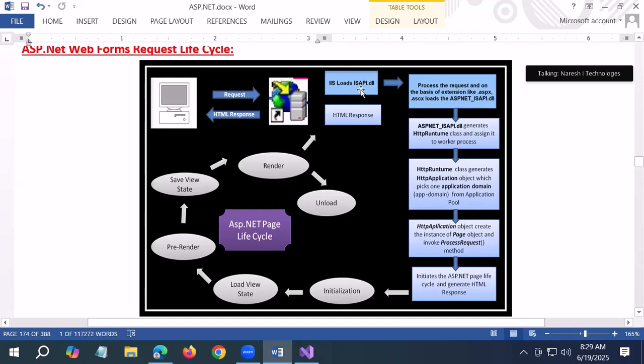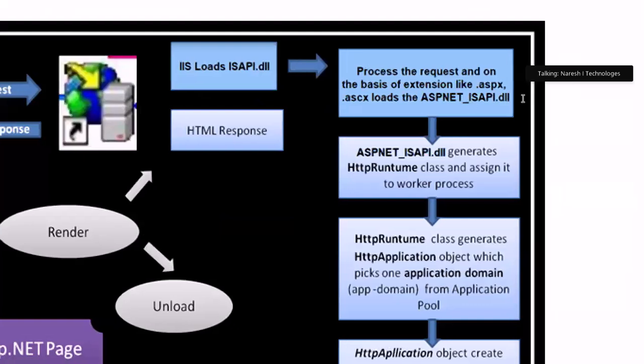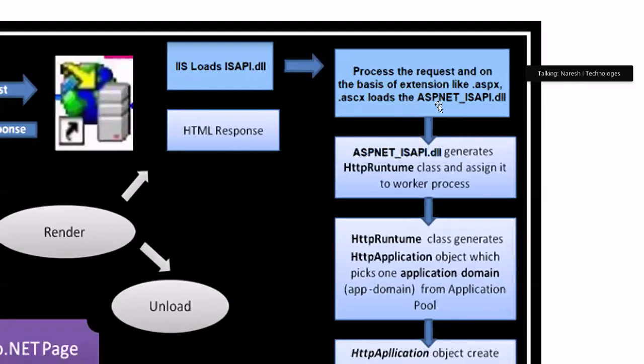And do you remember the isapi.dll, which takes the request? I already taught you that isapi.dll is going to take your particular request. Exactly here it is mentioned. See, it processes the request and, on the basis of the extension like .aspx, it loads the ASP.NET library.